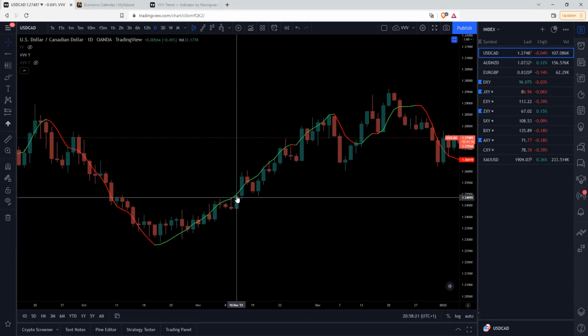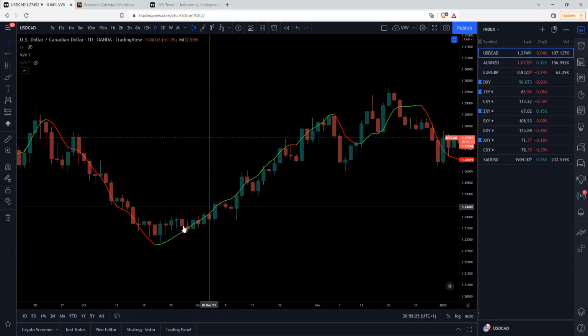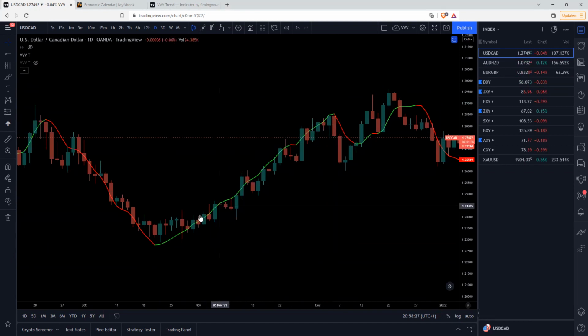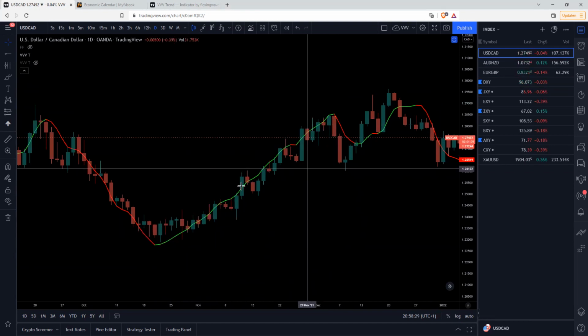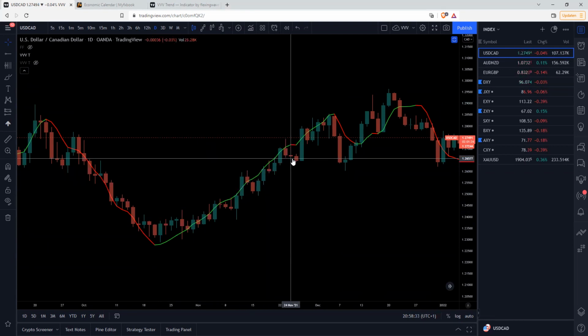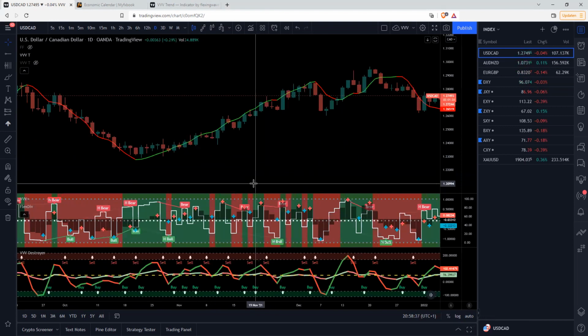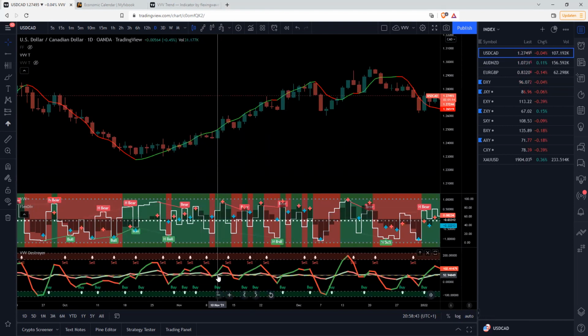And it's from October to December, and it's like buy, buy, buy. And then we've got the VV and the destroyer on it for extra confirmations, and the colors actually.